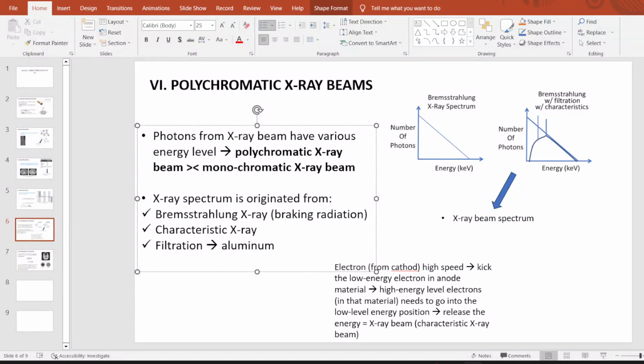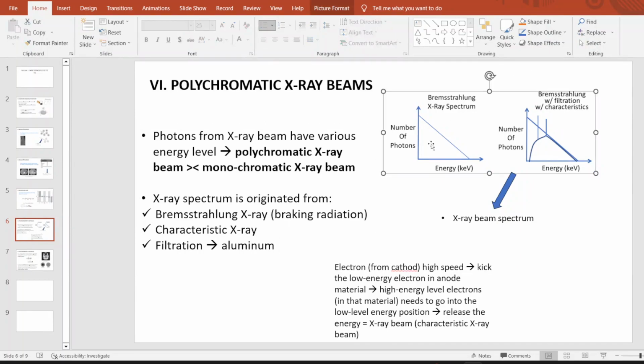to create the filter. You can see right here the shape of the linear Bremsstrahlung X-ray spectrum. We have this shape after we take into account every single phenomenon that occurs when the electron meets the anode. You can see the characteristic X-ray beam makes this shape have a peak.